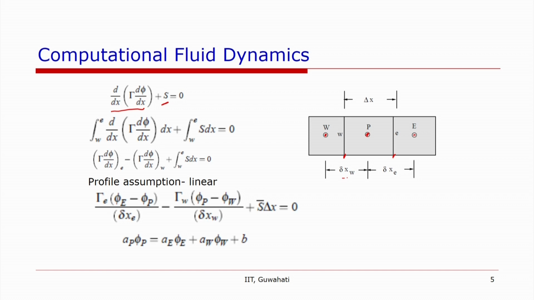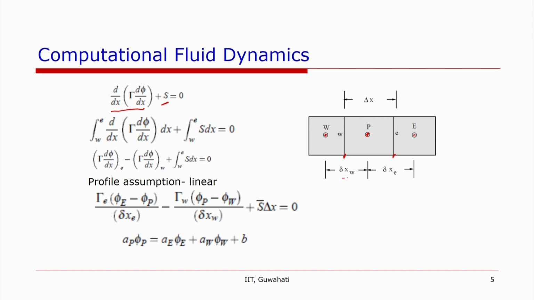Now when we integrate along these lines, then we need to have an assumption for the profile inside this, because what is the value of d phi by dx in it.